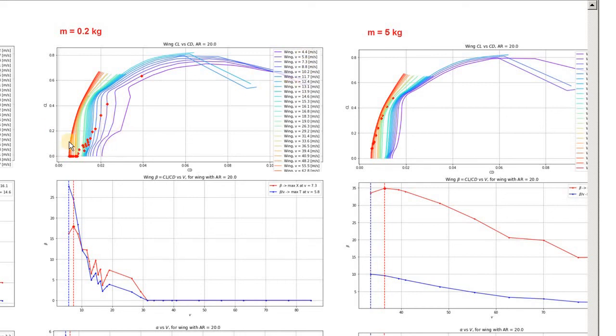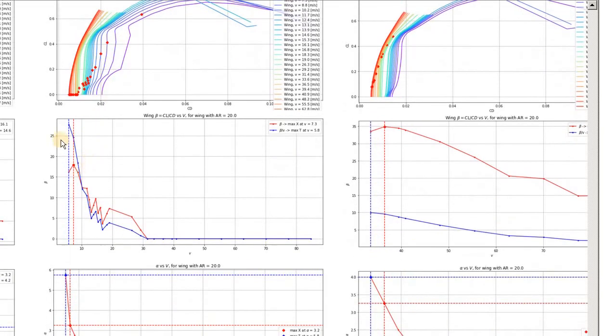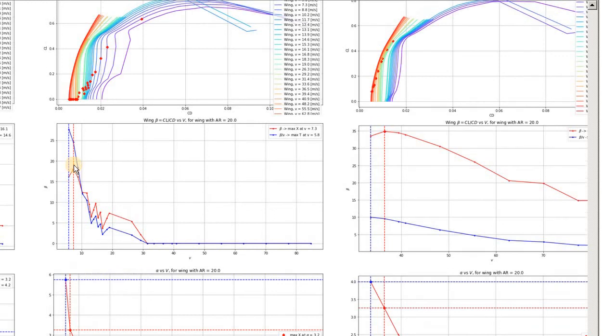But if you stay in the reasonable range, then you're going to have a narrow linear range, and as a result, efficiency curves are looking like this. So the slower you fly, the better is your performance. The longest distance you're going to cover, and the longest time you're going to stay in the air.